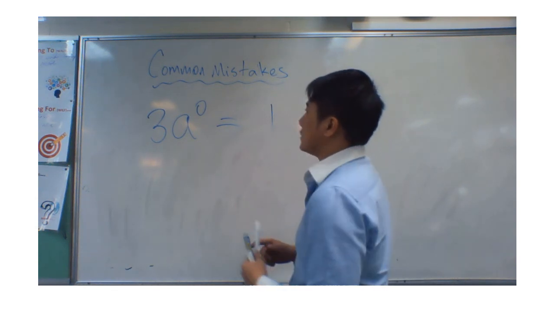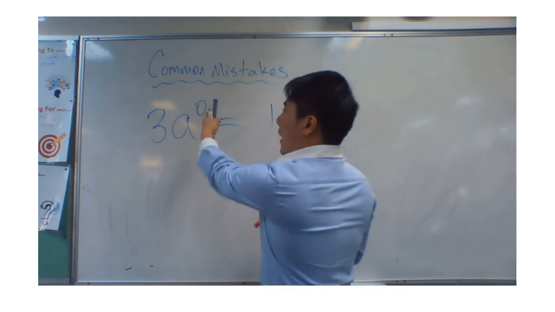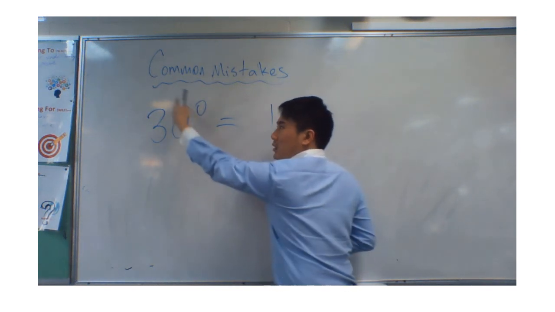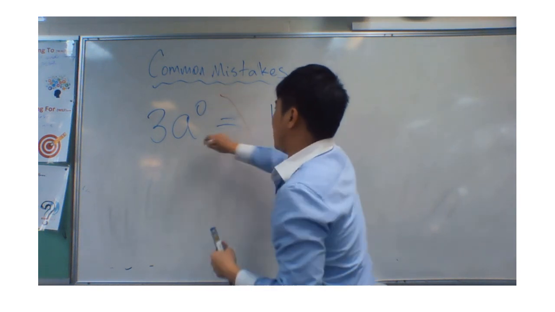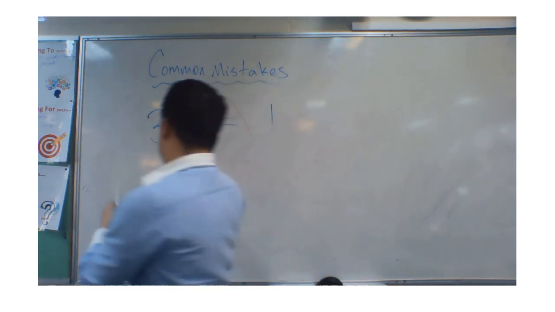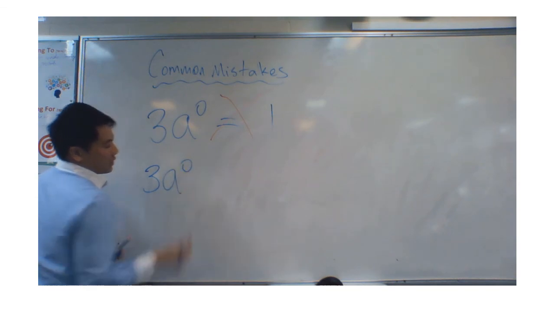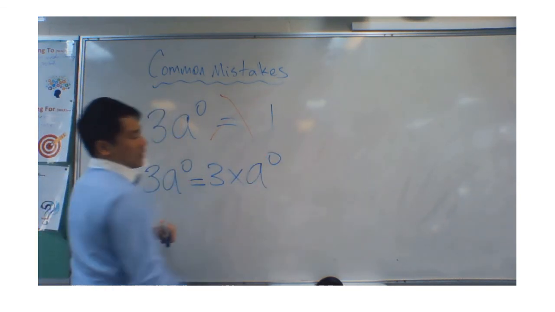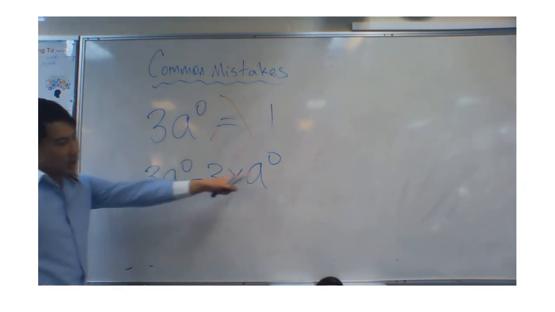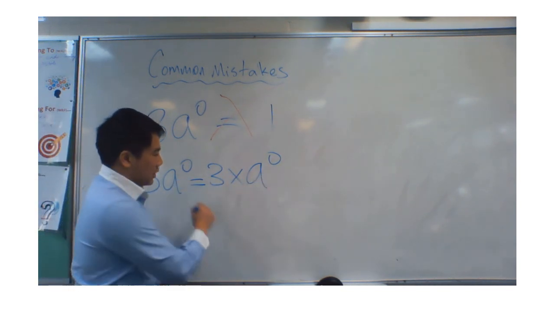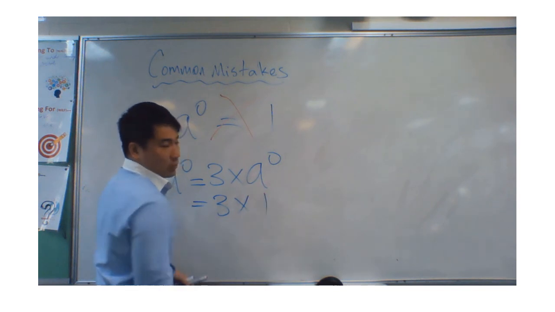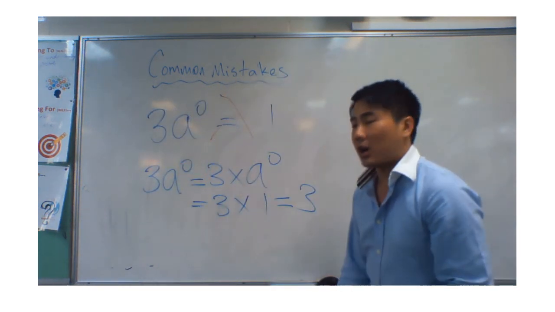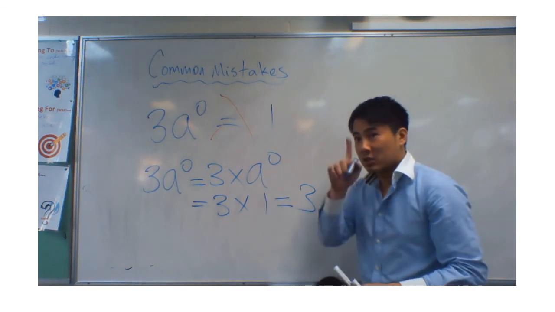No, it does not, because this power of 0 only applies to a, not this whole thing. Okay? So what this means is 3a to the power of 0 is the same as 3 times a to the power of 0, right? A to the power of 0 becomes 1, so that still becomes 3 times 1. Actually, that equals 3 instead of 1.